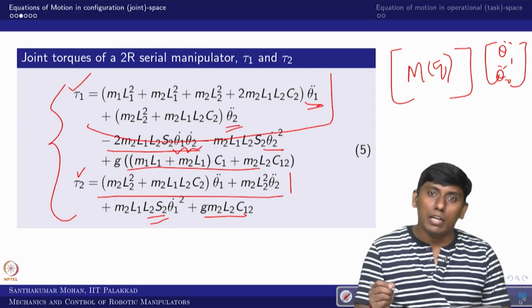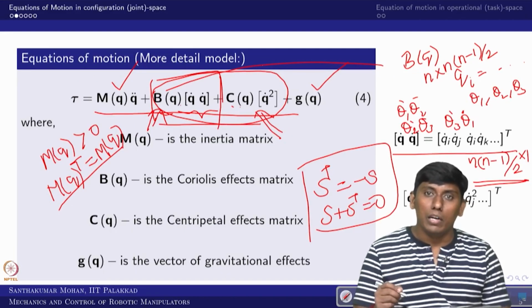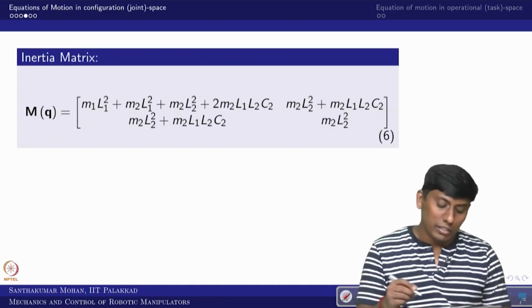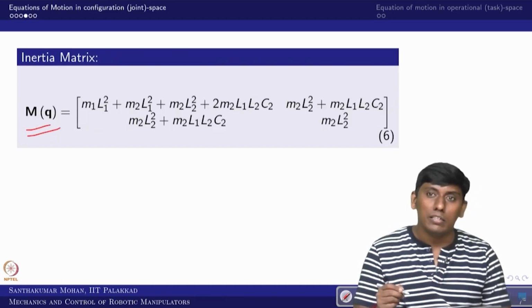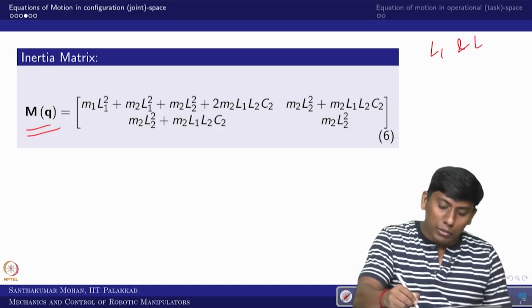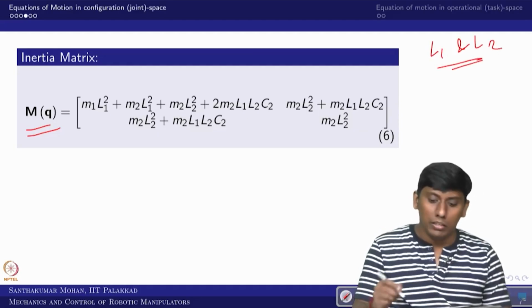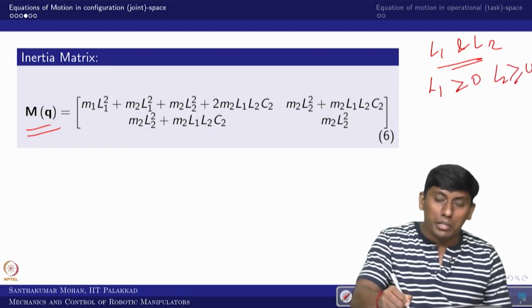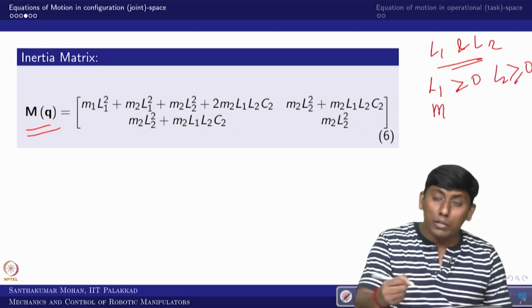So now we will rewrite this in a more detailed form. So in that sense you can see that the M of Q will come in this. Now after seeing this matrix, L1 and L2 are geometrical variables, and as per the criteria L1 is greater than or equal to 0, L2 is also greater than or equal to 0, and mass cannot be 0.